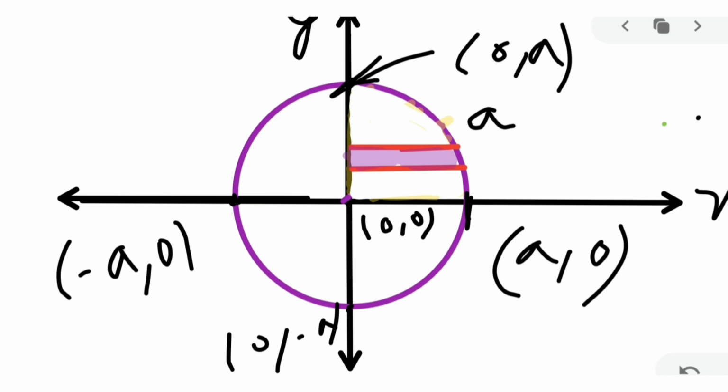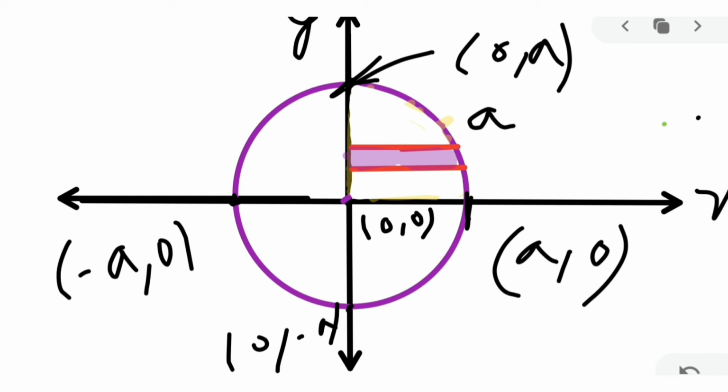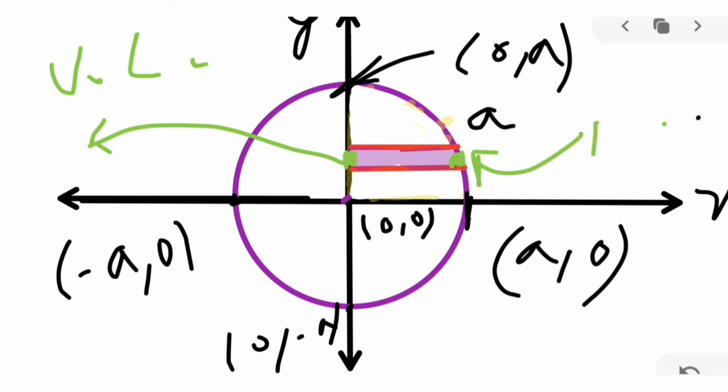Okay, so extracting the limits of the strips here. This will be a point and this will be a point for the horizontal strip. This will be the lower limit and this will be the upper limit.